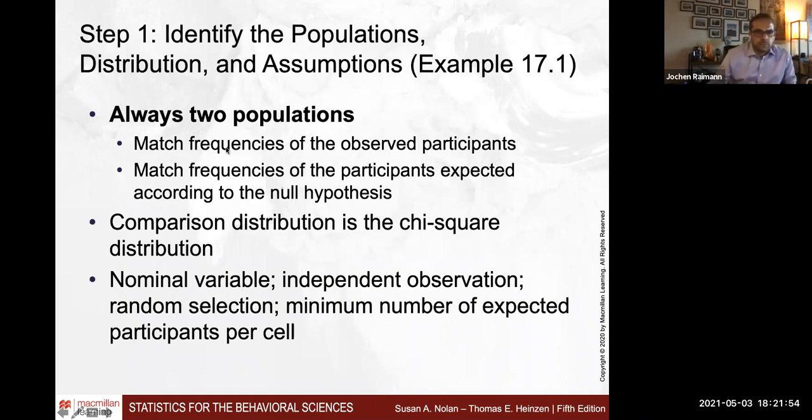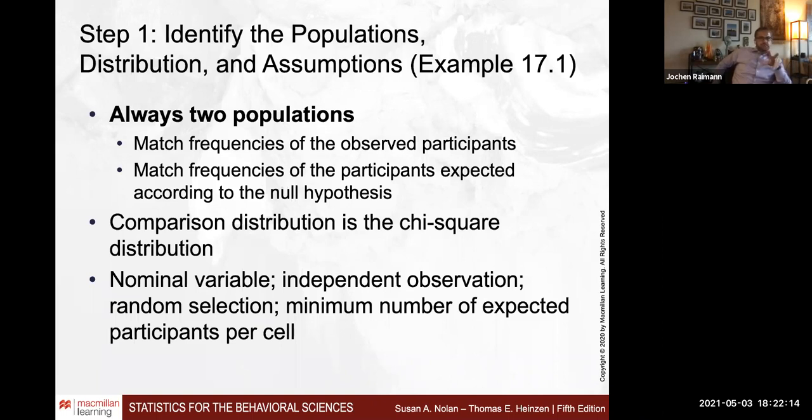You always have 2 populations, right? Essentially your nominal variable will stratify your populations in 2. For the goodness of fit, you have one nominal variable that creates 2 groups. So you have 2 populations.